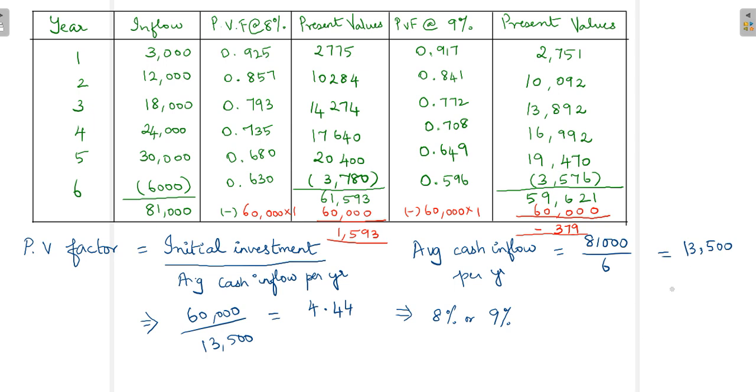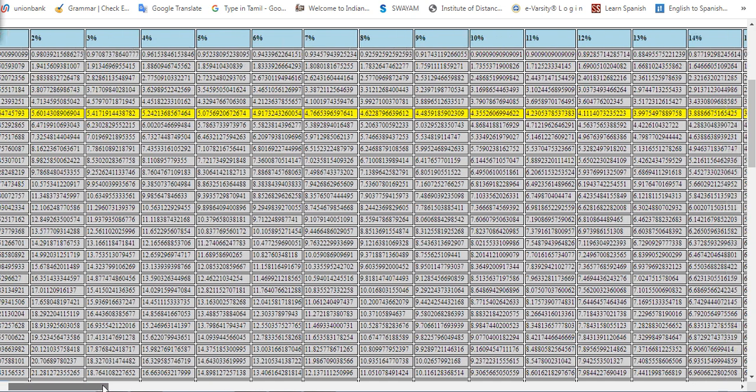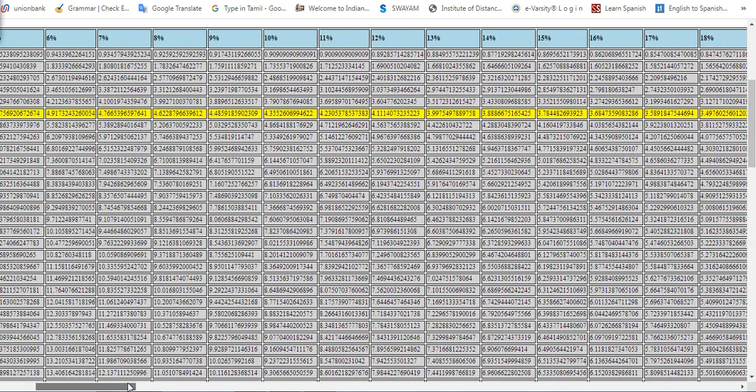So the PV factor is 4.44. So we have to go to the present value annuity table to find the percentage. So we go to the annuity table and start looking for 4.44 in the 6th year.